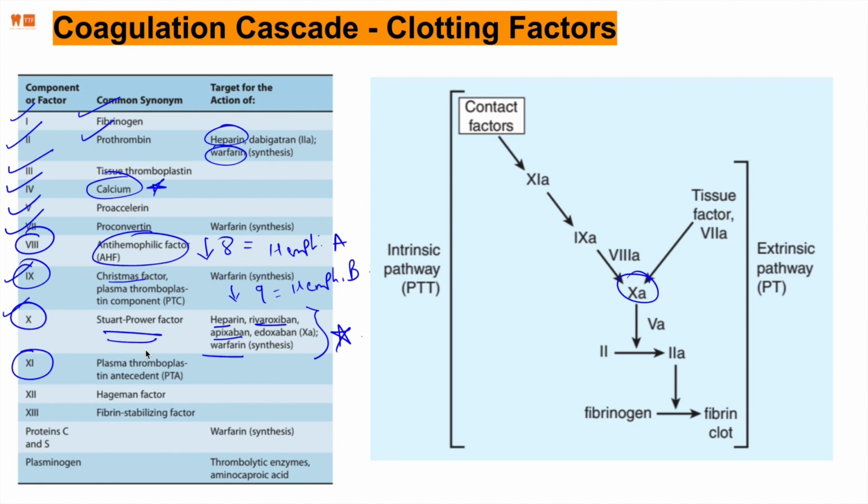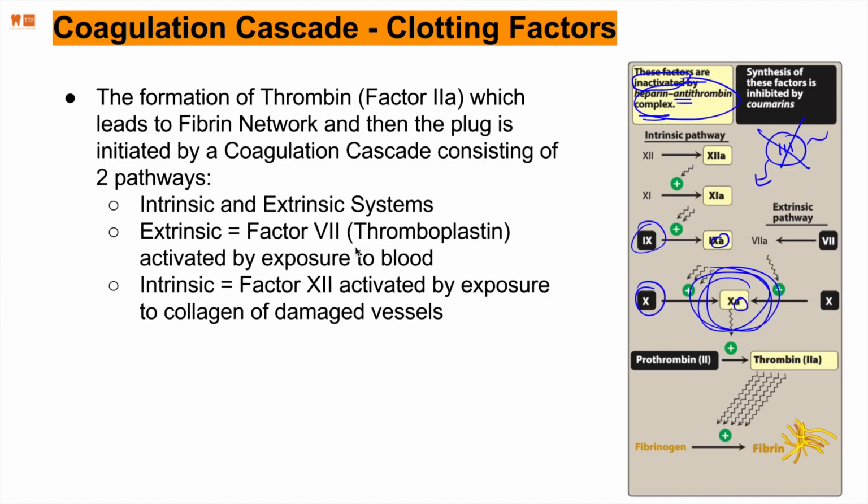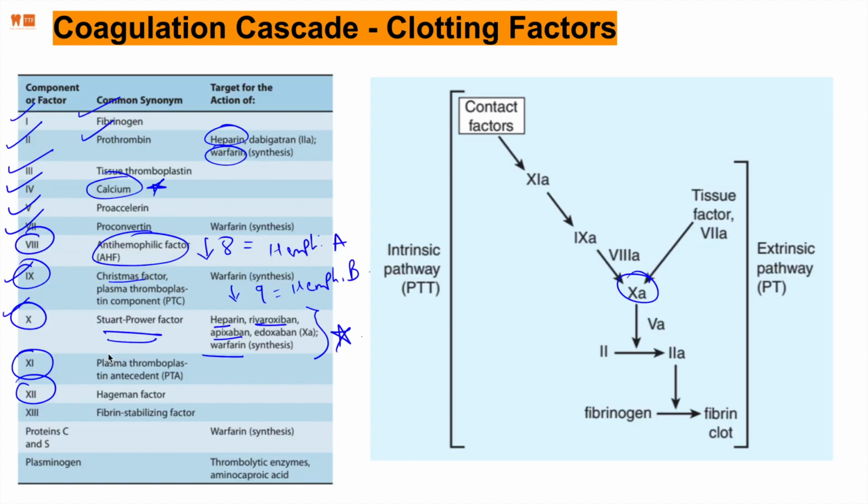And then factor number 11, which is plasma thromboplastin antecedent. Factor number 12 is Hageman factor. Factors 11 and 12 are generally up ahead. Remember, we had this diagram where factors 12 and 11 are intrinsic and they're outside. And then, of course, factor number 13, which is fibrin stabilizing factor.